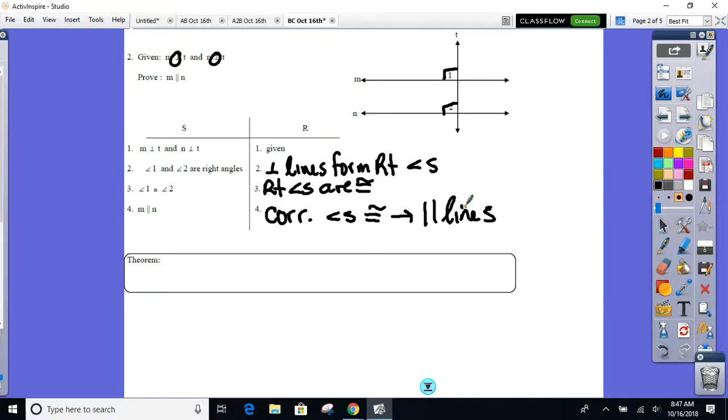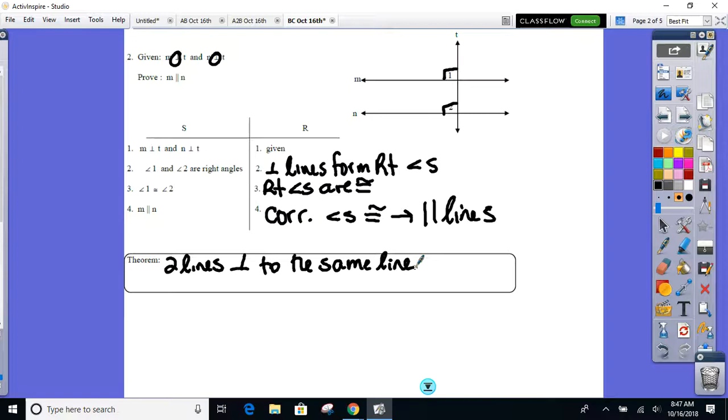What did we just learn? Well, what was I given right here? I was given M and N, two lines that were perpendicular to what? To T, the same line. Everyone agree? So I had two lines perpendicular to the same line. And what did we just prove about those two lines at the end of this proof?